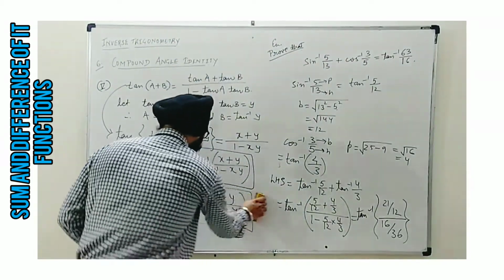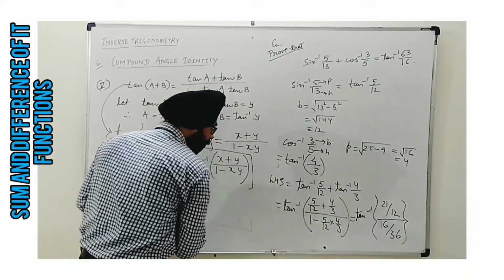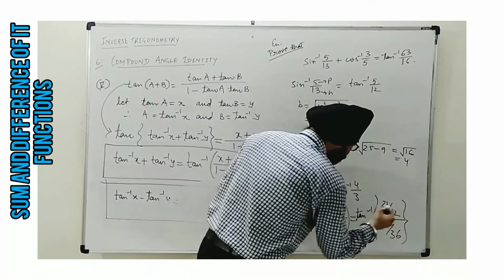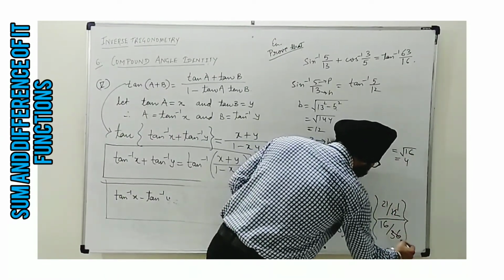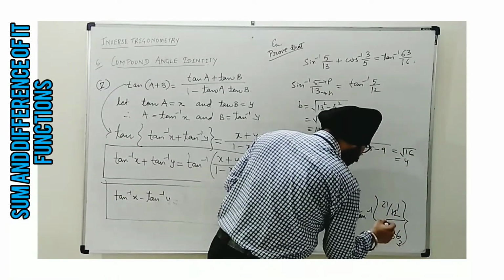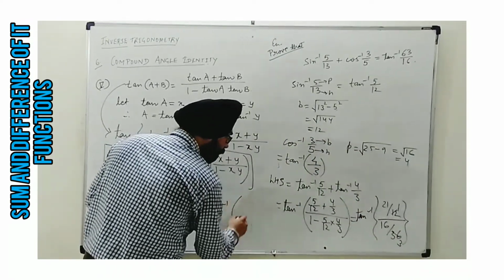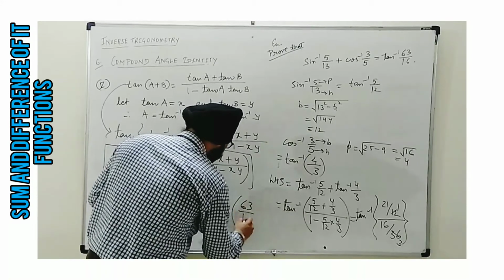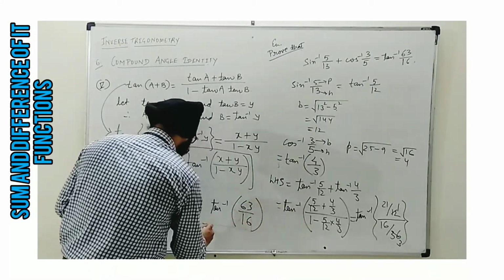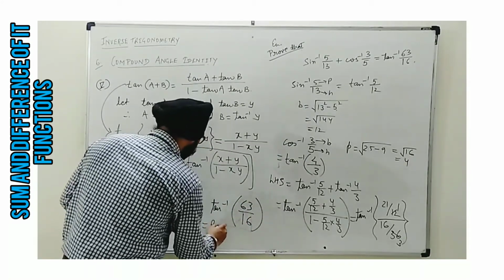In final form, after cancellations, 12 ones are 12, threes are, we write tan inverse 21 threes are 63 upon 16, which is RHS.